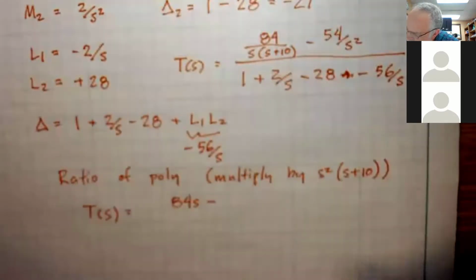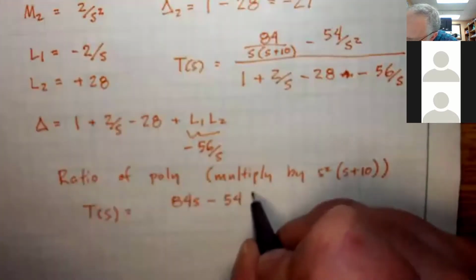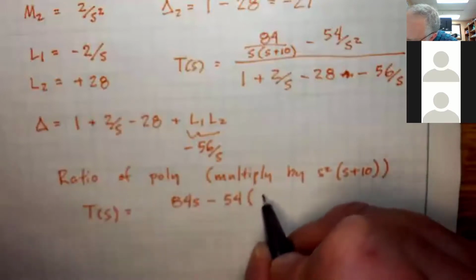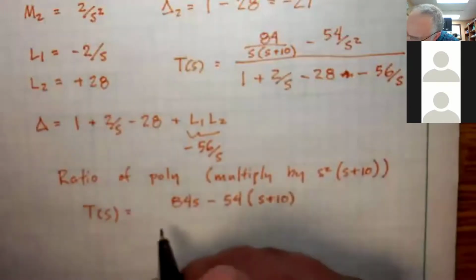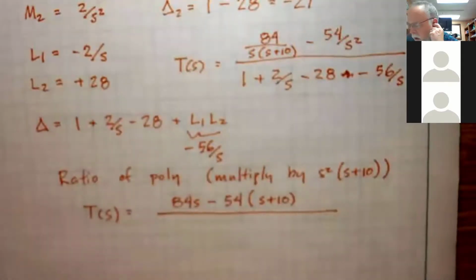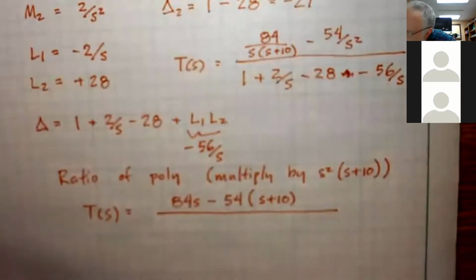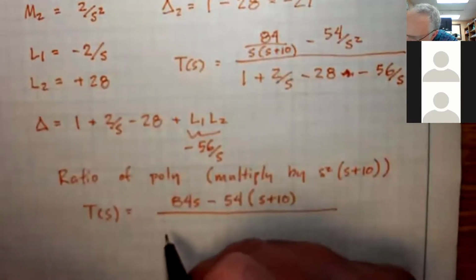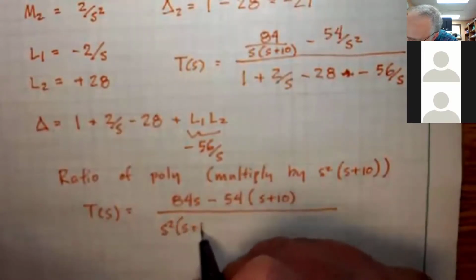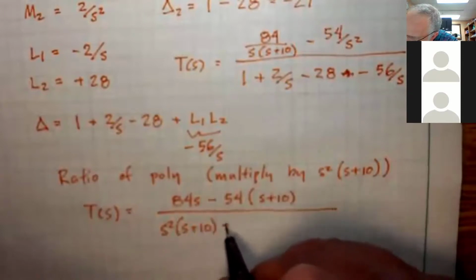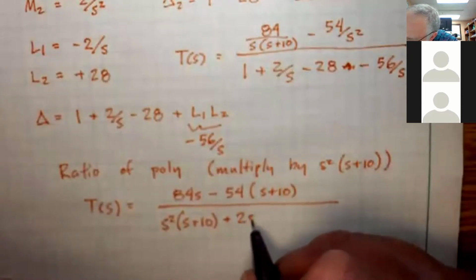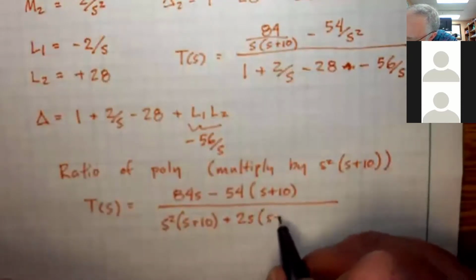minus 54 times S plus 10 over, so that's going to be S squared times S plus 10, plus, well, one of the S's cancels out, so that's 2S times S plus 10.